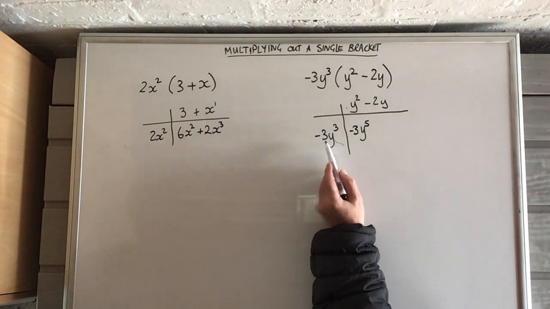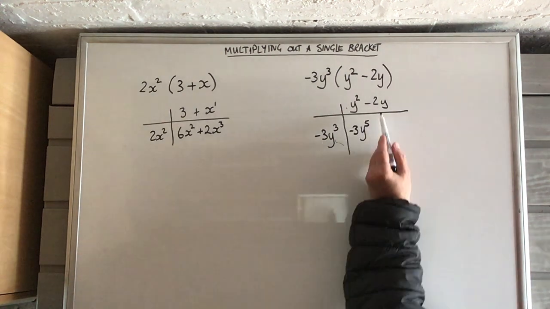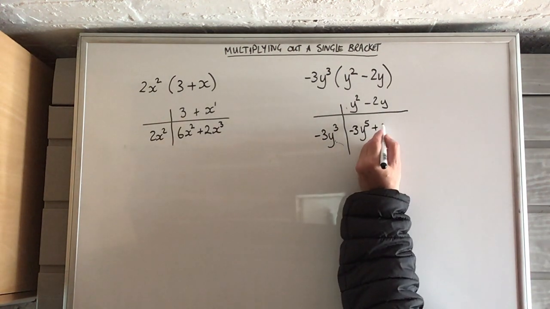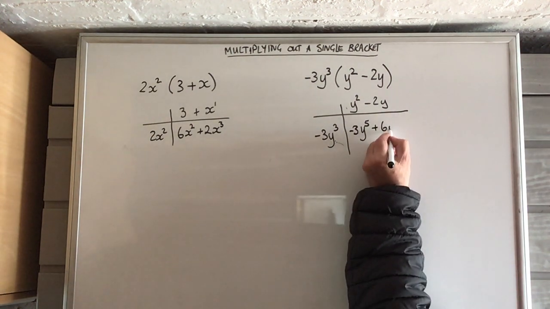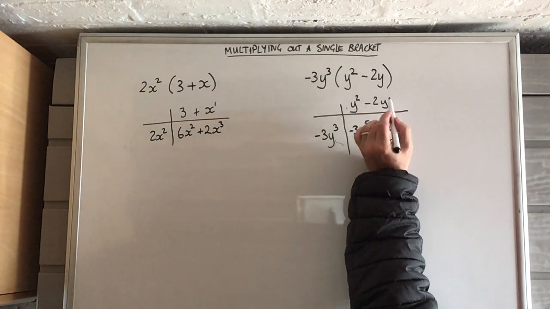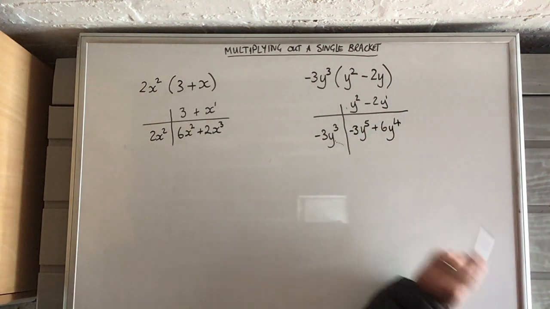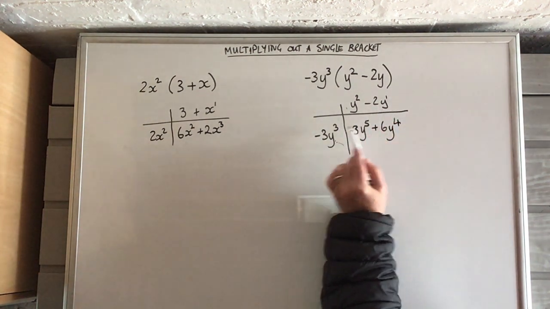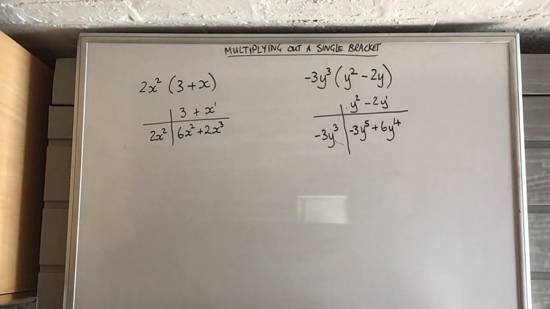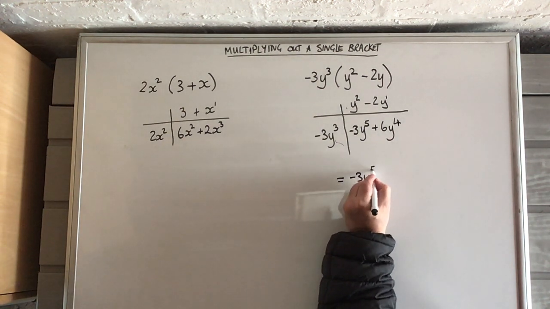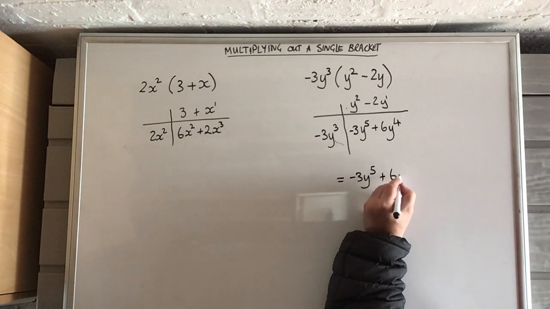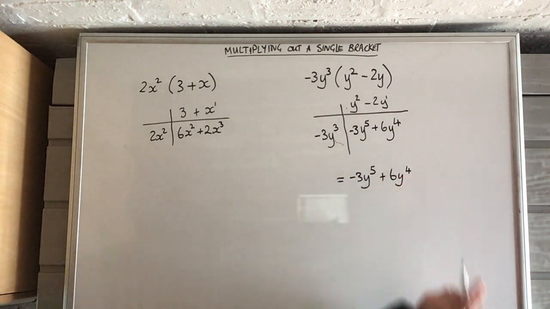And the second term, multiply negative 3 times negative 2 is a positive 6. Multiply the letters together, y to the 4. Remember, that's the power of 1, although you don't see the 1. You add the powers, that gives you 4. And your final answer there is minus 3y to the power 5 plus 6y to the 4.